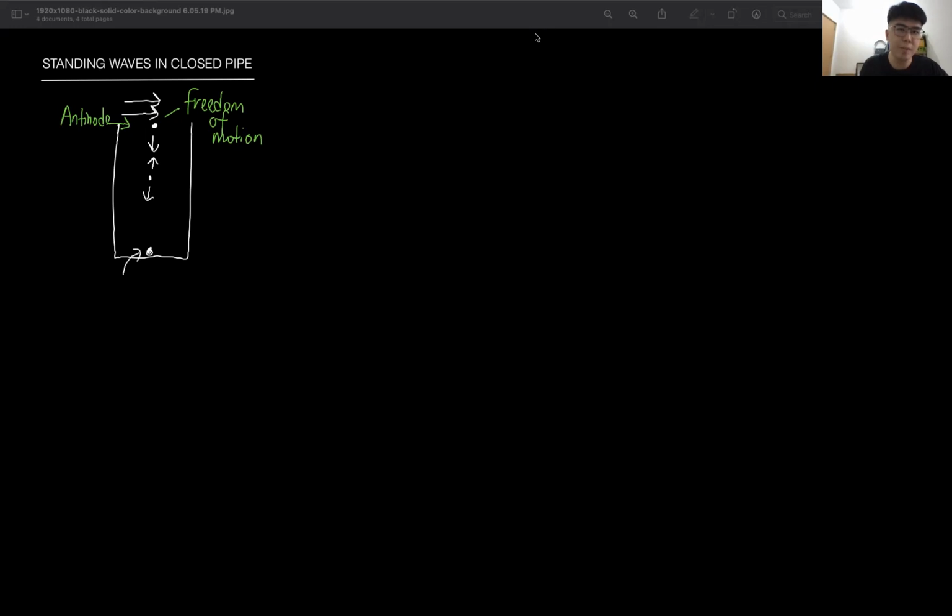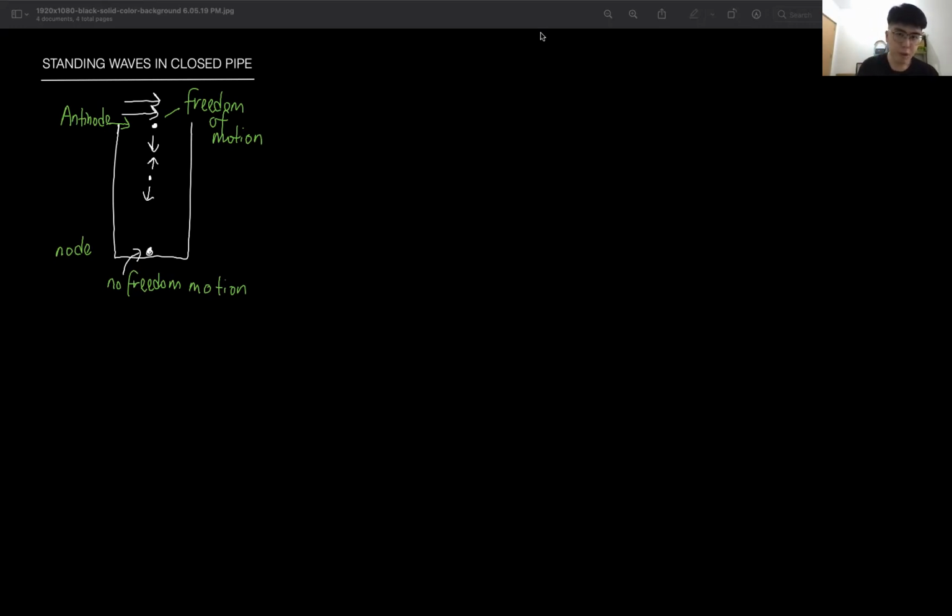It has no freedom of motion, and thus we say this creates a node here. Every time there's a closed end, it will form a node, and every time there's an open end, it will form an antinode. What is node and antinode? It's just interference, right? Antinode is constructive and node is destructive interference.